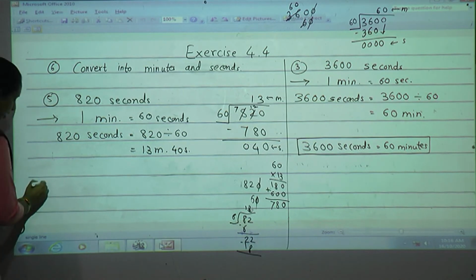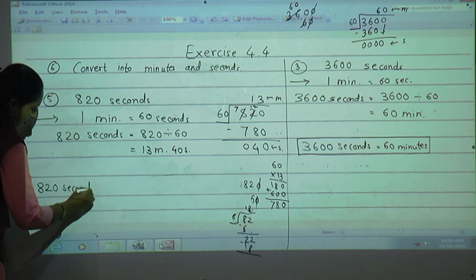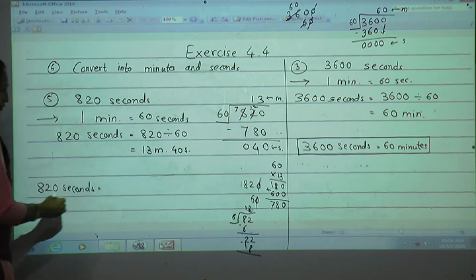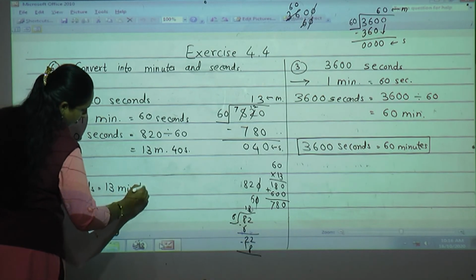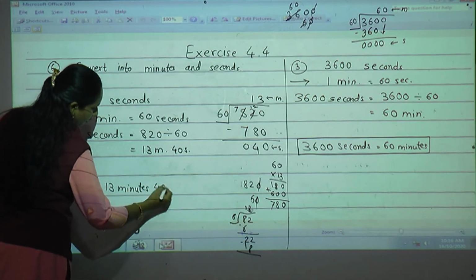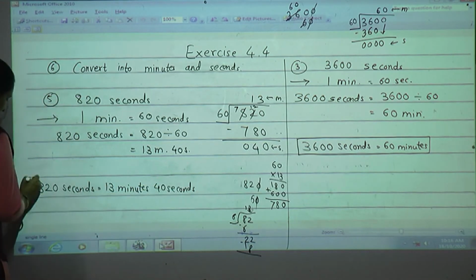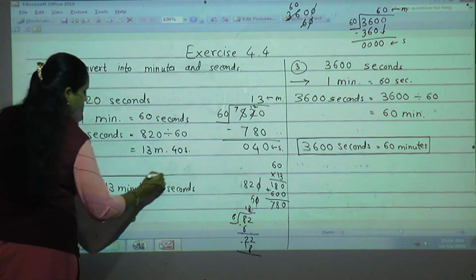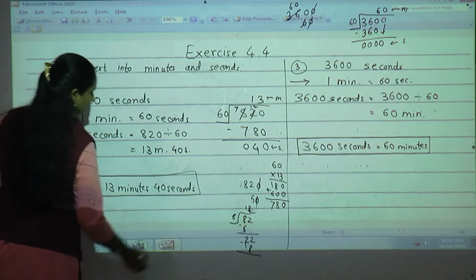So write once again, 820 seconds is equal to 13 minutes and 40 seconds. Do the bracket with pencil and scale.